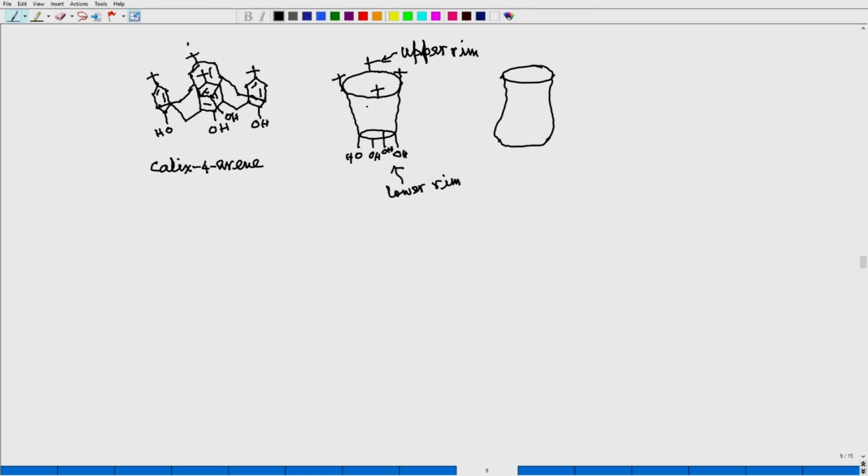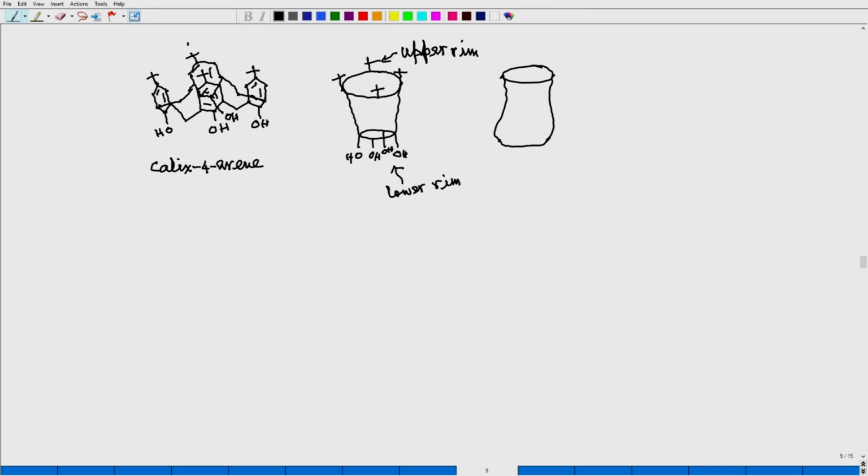So, this part upper rim and this aromatic arene, this part is hydrophobic in nature and it can accept hydrophobic guests, and this lower rim is hydrophilic in nature. Obviously, you can see OH groups, there are 4. So, this lower rim can accept metal ion, can bind metal ion. Okay. So, hydrophobic and hydrophilic is characteristic of this particular molecule.